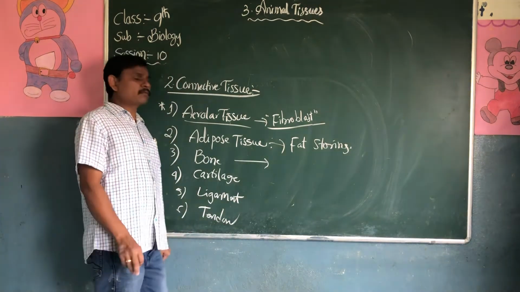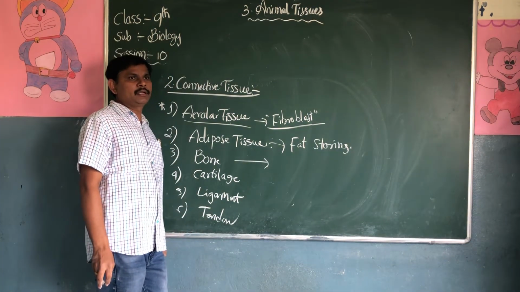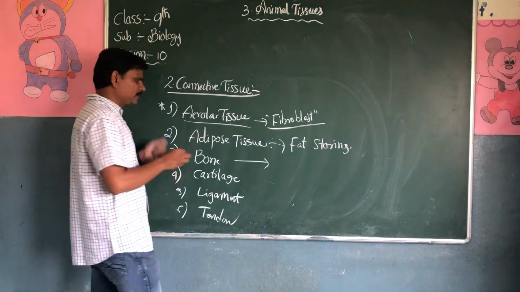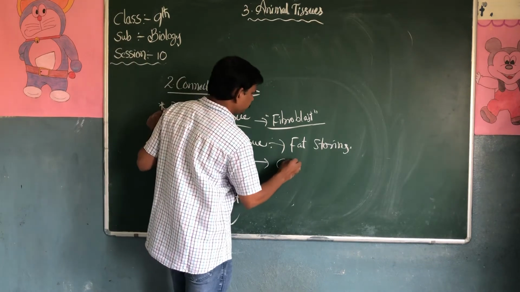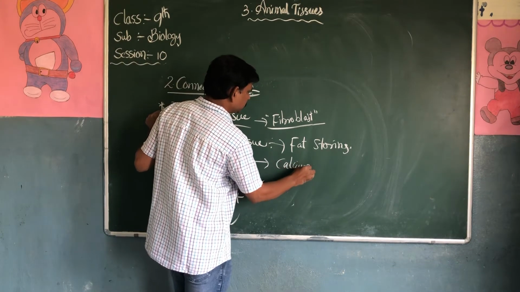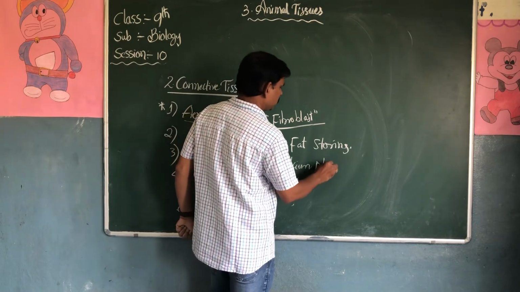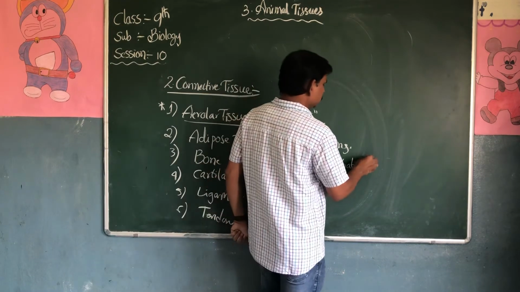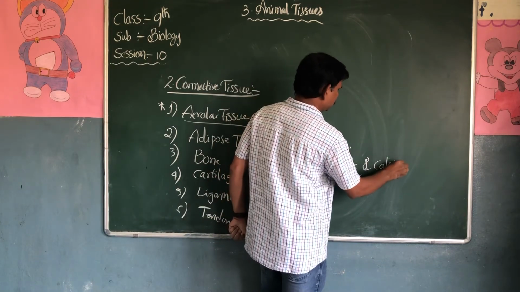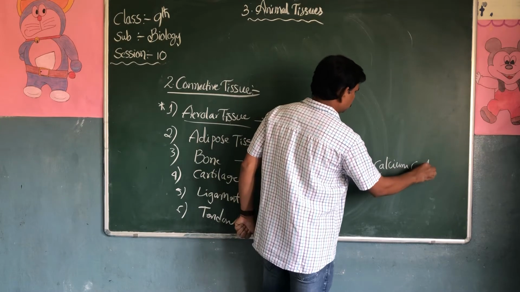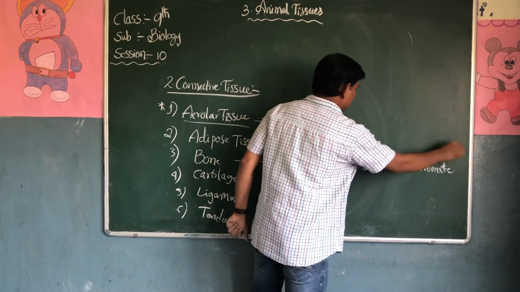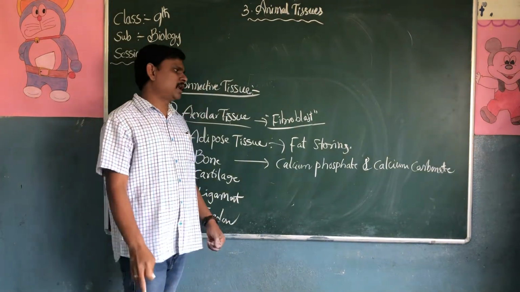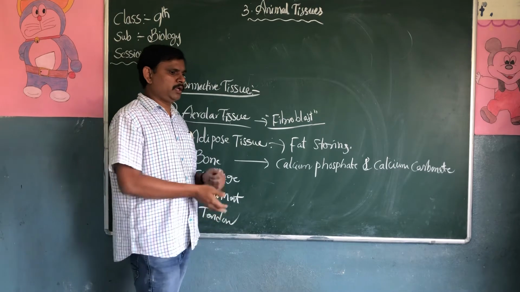Bone is also one type of tissue. It is made up of calcium phosphate and calcium carbonate.